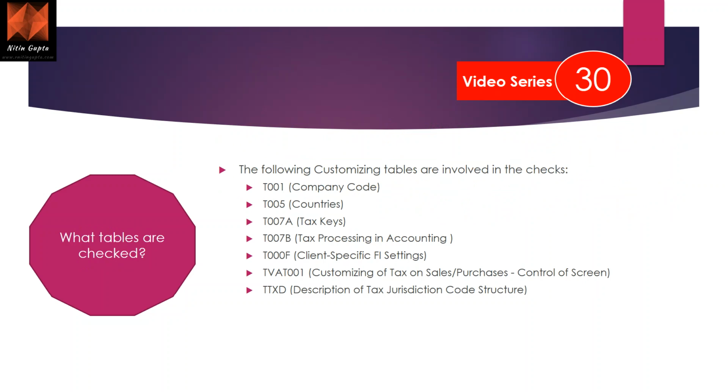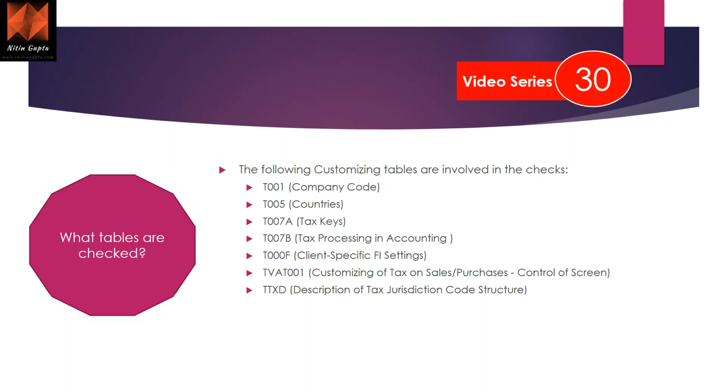What tables are included? At a high level, these tables are included in the checks, and the checks are not new. We already had a video available on the configuration consistency checks, where you can use the standard report, and that report reads the following data: company code, countries, tax keys, tax processing and accounting, client specific FI settings, customizing on tax and control, tax on sales and purchase, and tax jurisdiction.